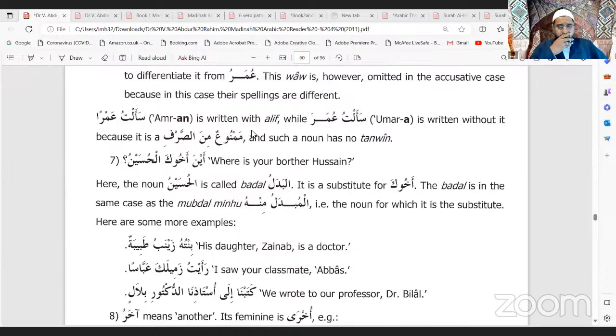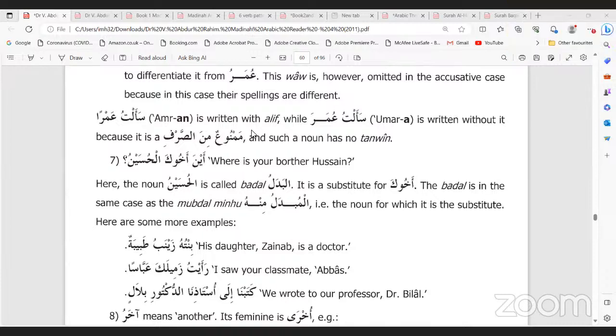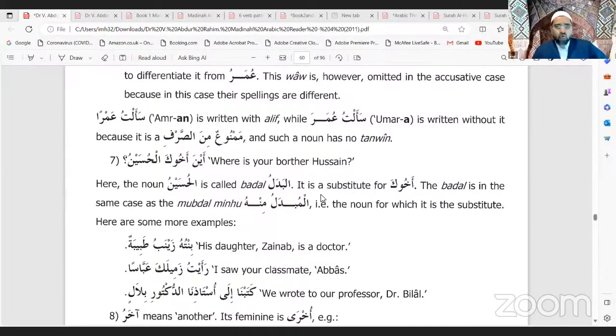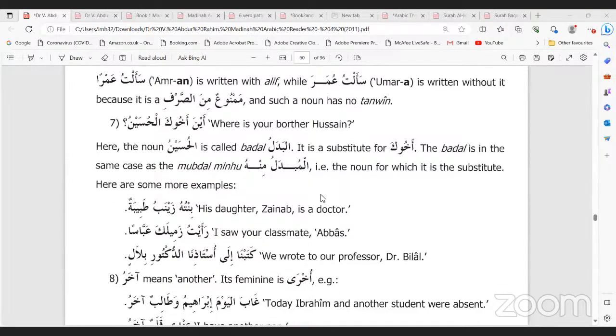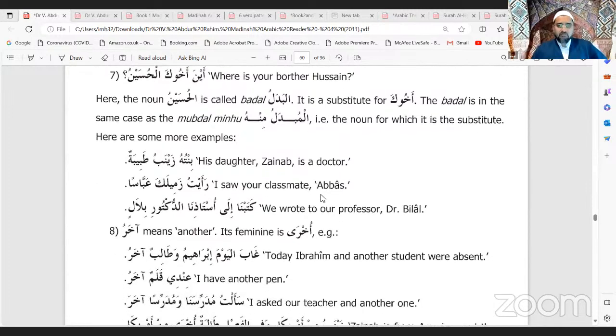Aina akhuka al-Hussein? Where is your brother Hussein? Here the noun al-Hussein is called badal. Al-badal is a substitute for akhuka, so they can replace each other like we did yesterday in the lesson.